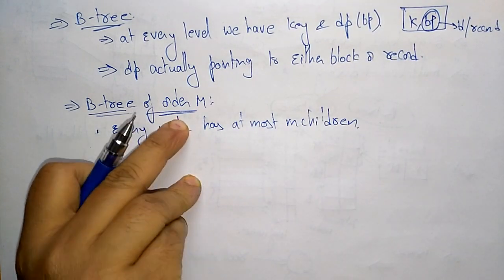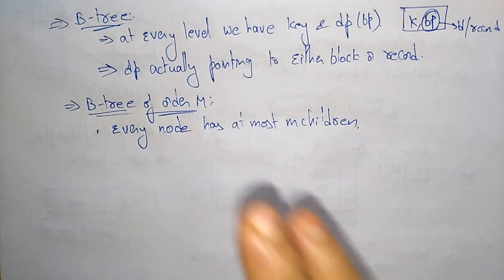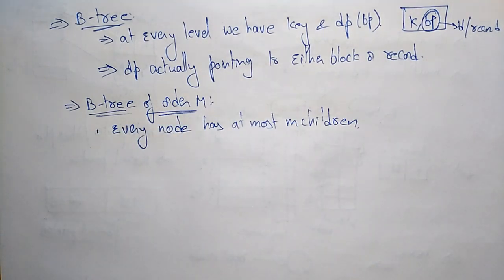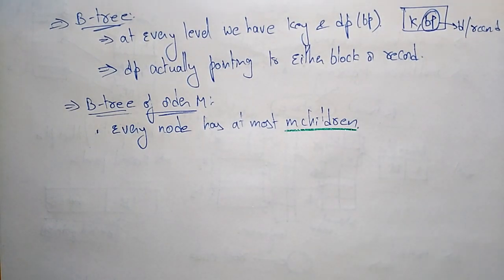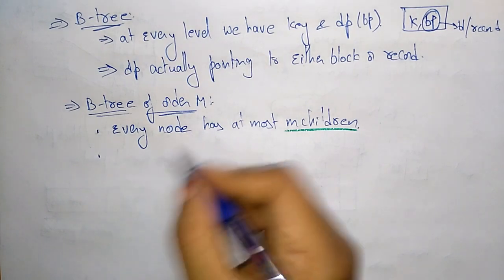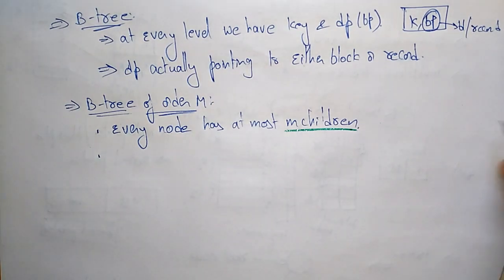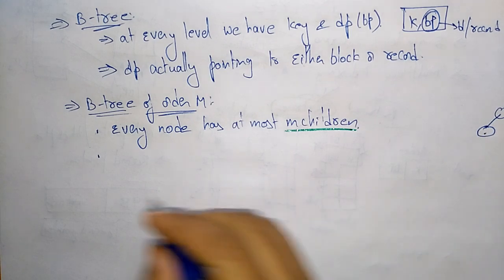So here the order M means the size of the tree is M, so it should be at most M children. You can't exceed more than M children. So suppose this is the node. So this node is having at most M children, and this is at most M children, like that.